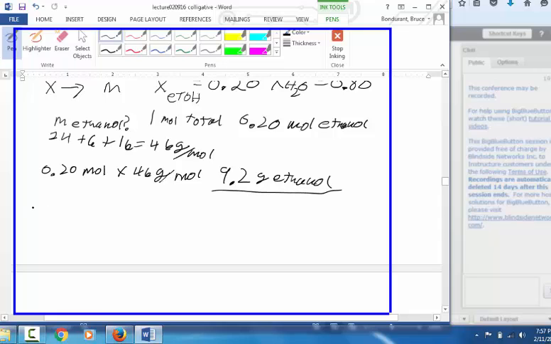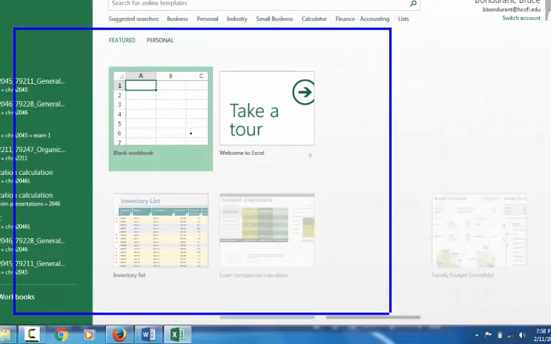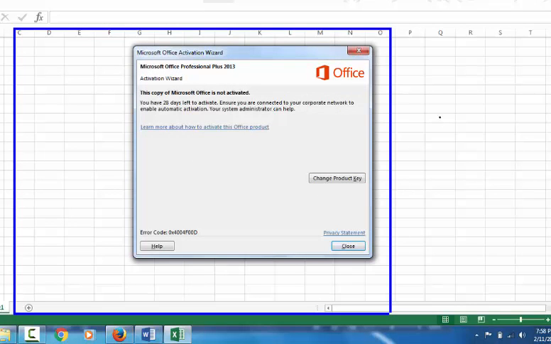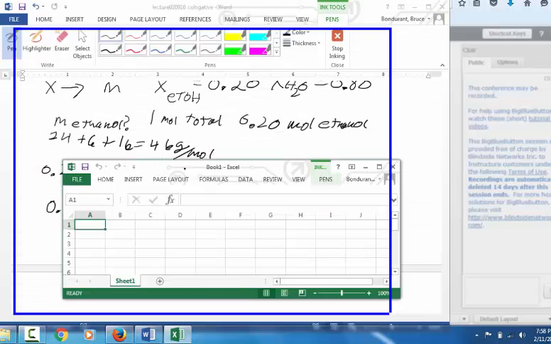And if I have 0.8 moles water, 0.8 times 18 grams per mole, I do need to know that amount. I can't figure that out at the moment, so let's just use Excel. And we've got 14.4 grams of water.